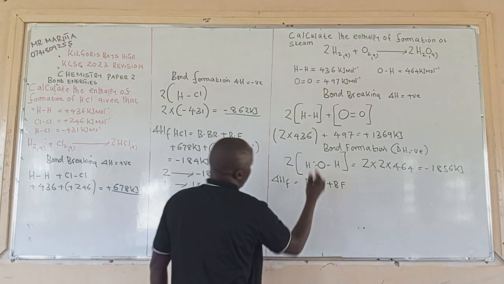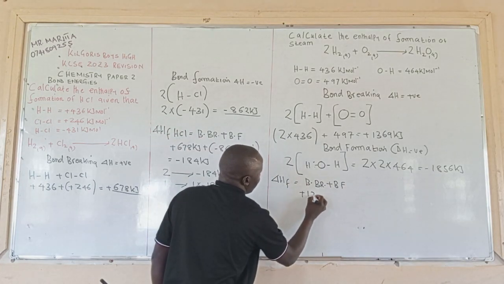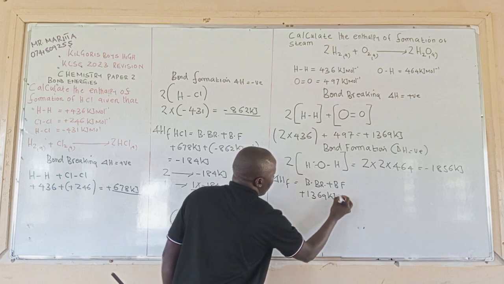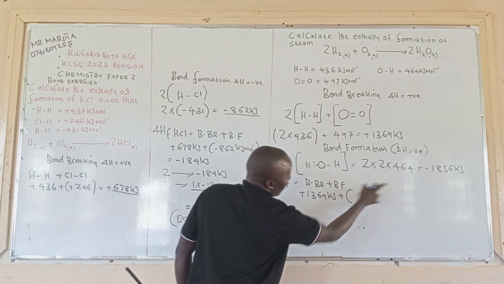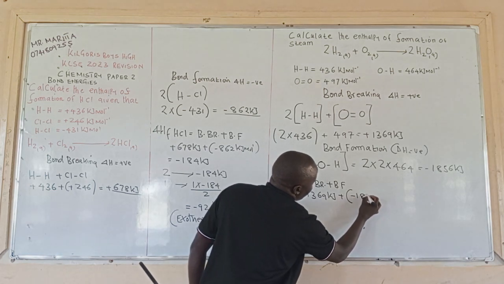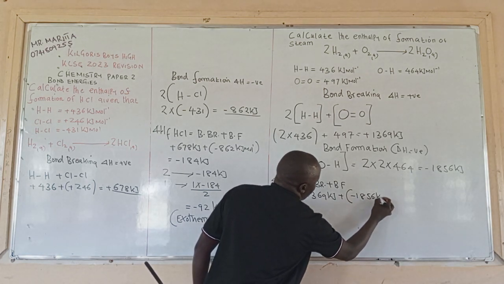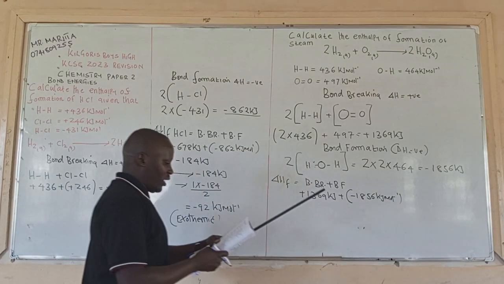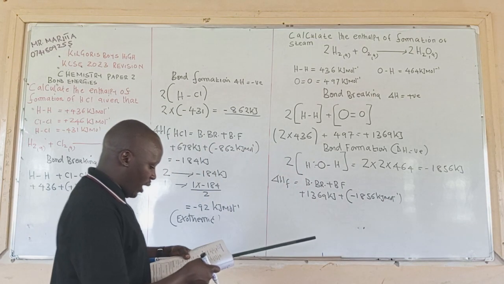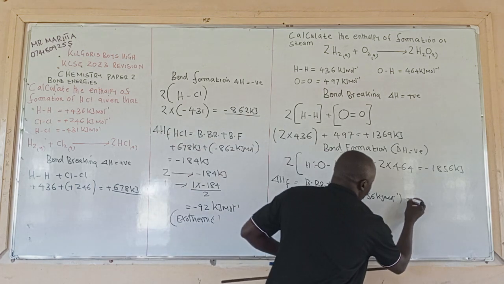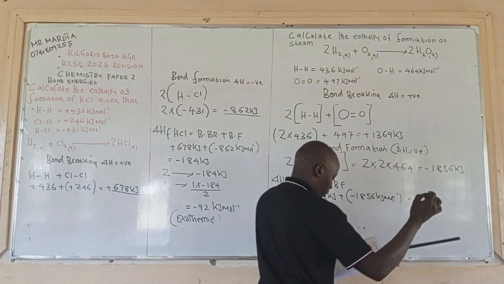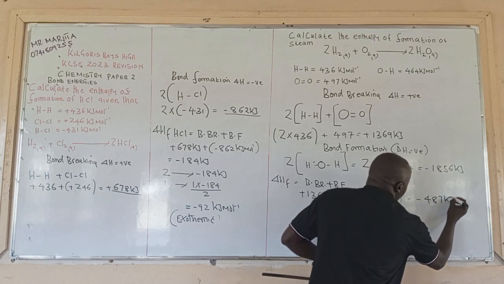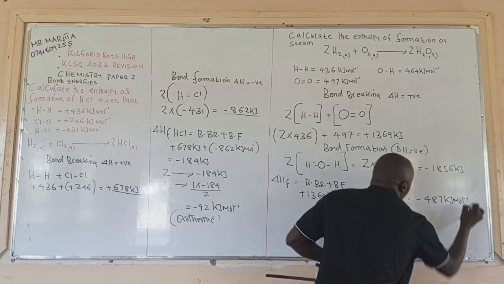In bond breaking, we have positive 1369 kilojoules, then plus this one is negative 1856 kilojoules per mole. If you add that, you end up getting negative 487 kilojoules per mole.